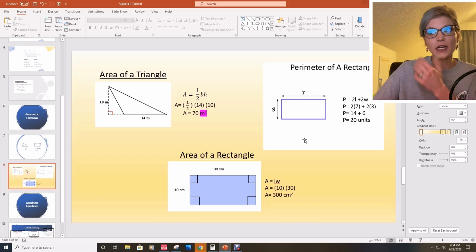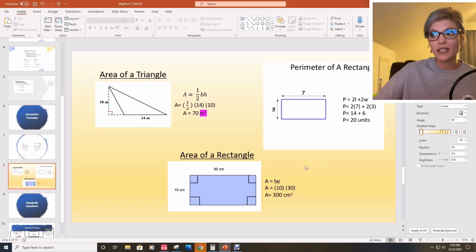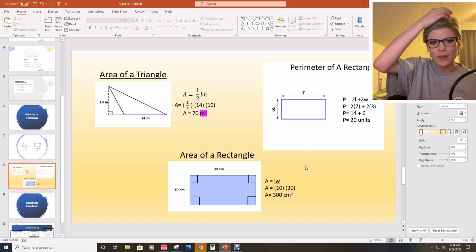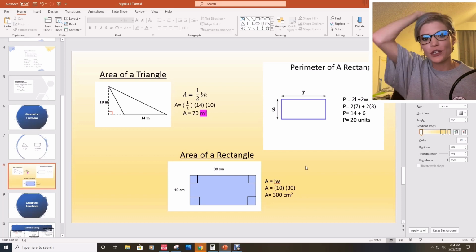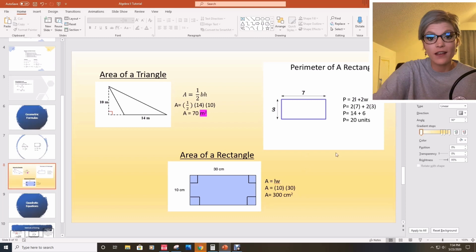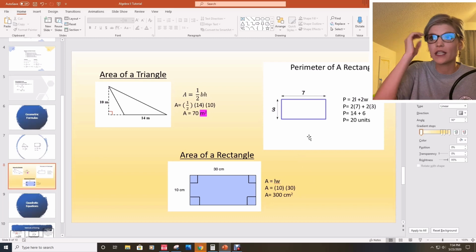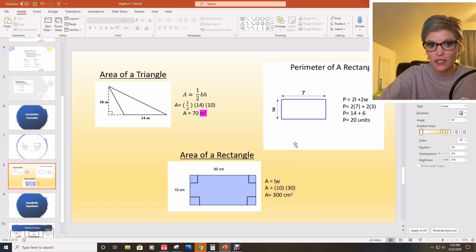But I just wanted to point that out to you because sometimes it does get tricky when you're thinking about perimeter and you're like, well, I need all 4 sides, but sometimes they might just show you the 2. I don't know if they're saving ink. I'm not sure. But just remember that with a rectangle, the opposite sides are going to be the same length.